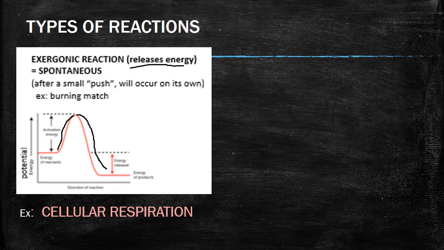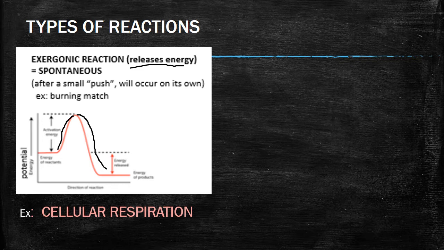This is seen in cellular respiration. Cellular respiration is going to release energy. The whole point of going through cellular respiration is that we take the glucose and we take oxygen and we create carbon dioxide, we create energy, which is the main thing that we need, and we create water as well.